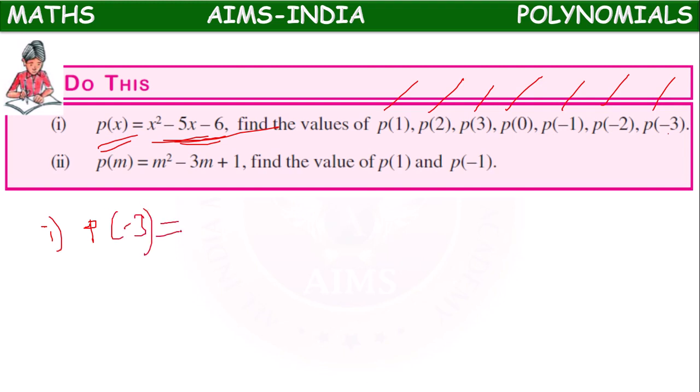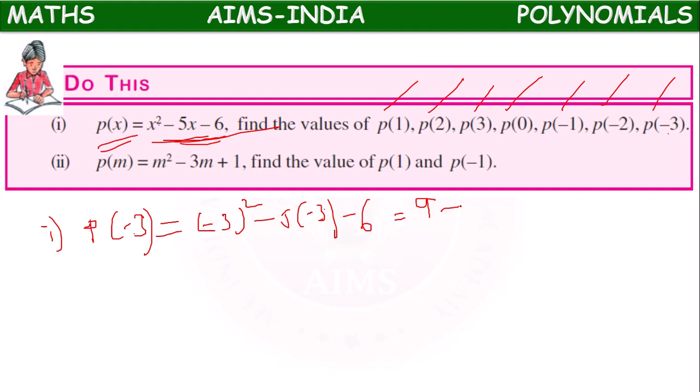P of minus 3 means, what does it mean, children? In the place of x, we have to keep minus 3 for all the terms. So instead of x square, we get minus 3 whole square minus 5 into minus 3 minus 6. Minus 3 whole square, how much, children? 9.